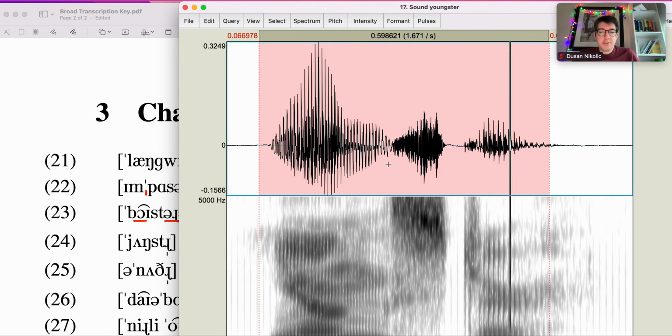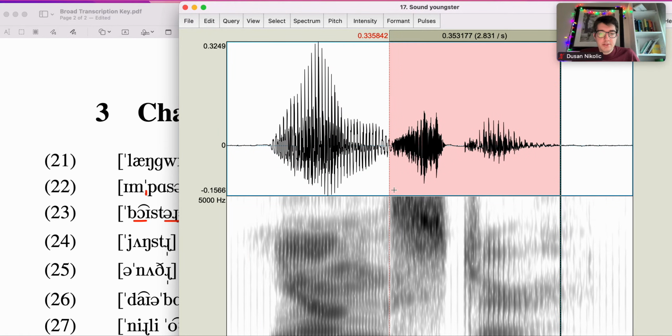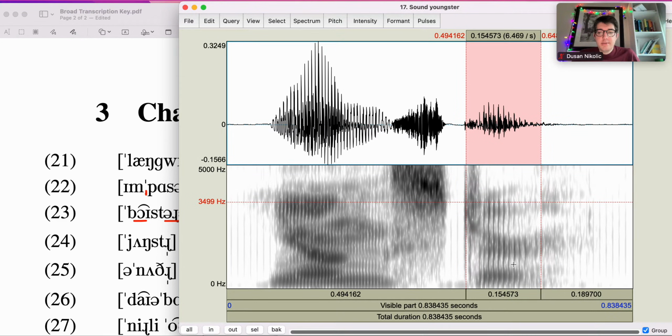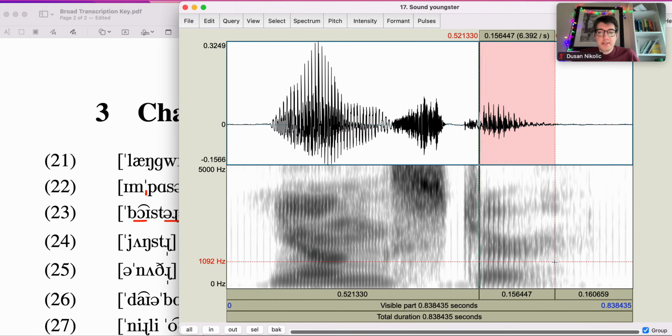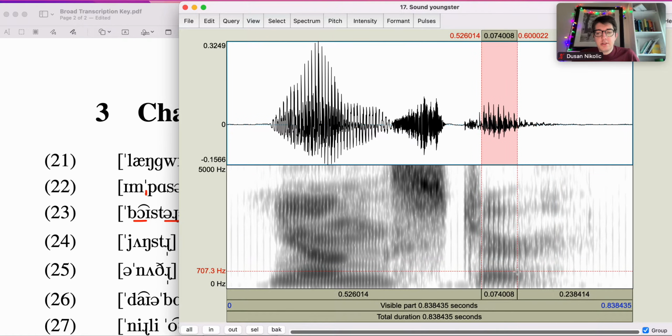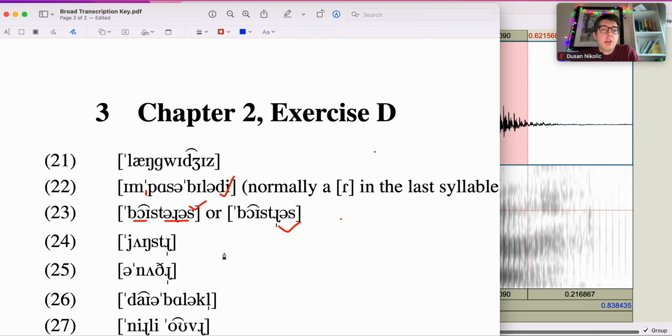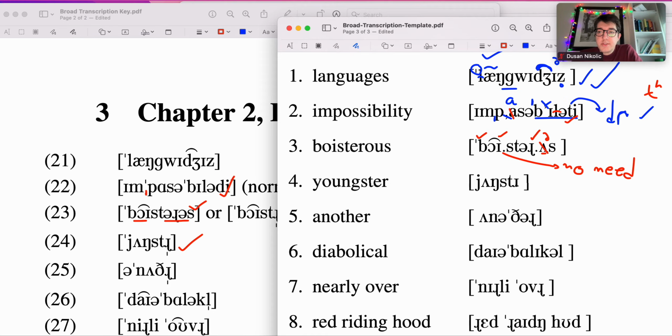Not enough for this. Stir. For this one, I'd say I'd accept stir. Yeah, this is rare. This is rare for sure. So absolutely syllabic.